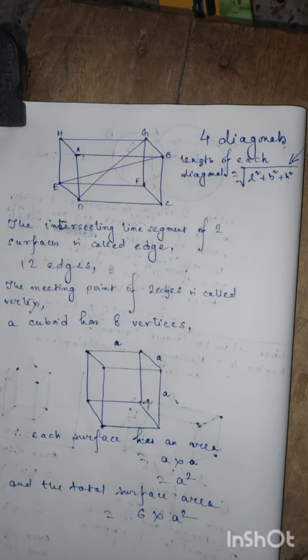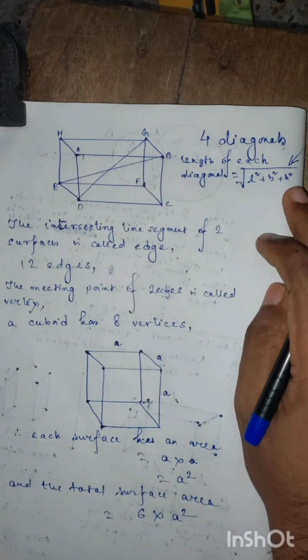That means if we are asked to place a stick or a rod of maximum length inside a room which is a cuboid, then that maximum length that we can accommodate inside a room is the length of a diagonal.